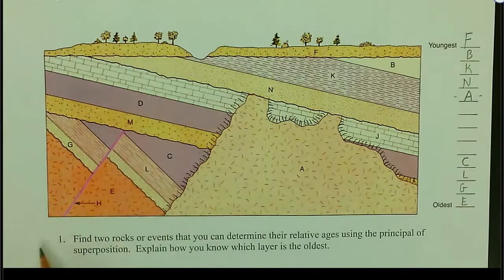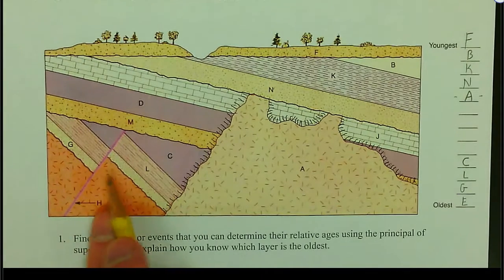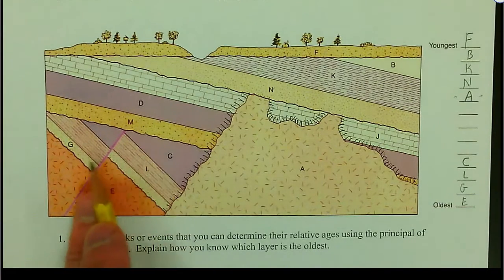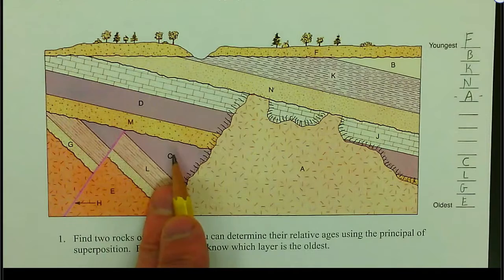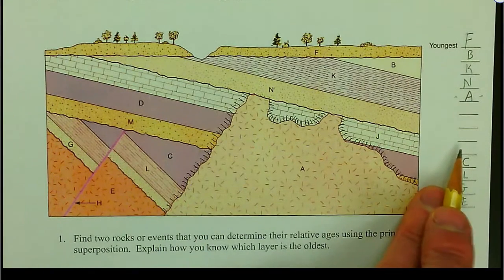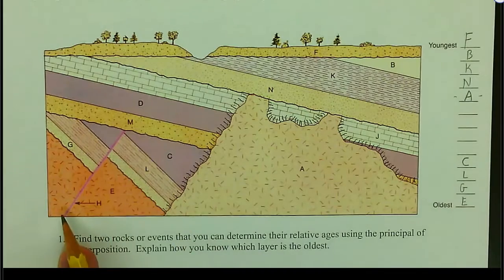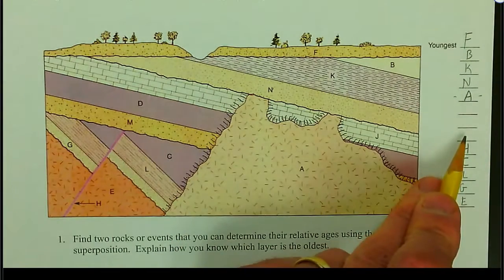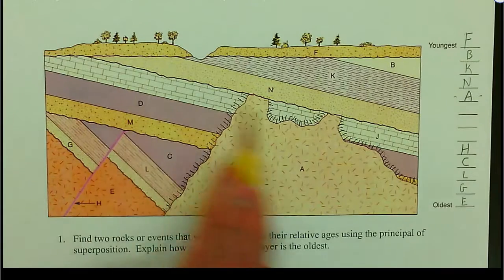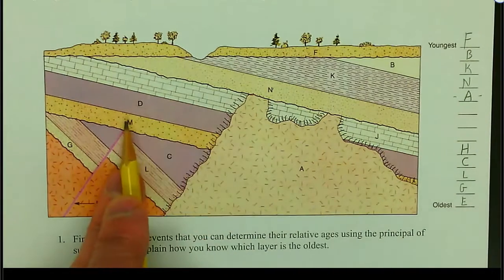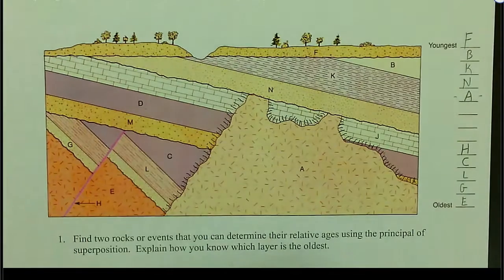We have this fault H. The fault cuts through E, cuts G, cuts L, and cuts C, but it doesn't cut M. So that means the fault has to come after E, G, L, and C, but the fault was before M. So I better make sure before I get M in here that I get this fault H. It's got to be older than M. Now I've got three left for M, D, and J. And we know that between M, D, and J, M is going to be the oldest, J will be the youngest.